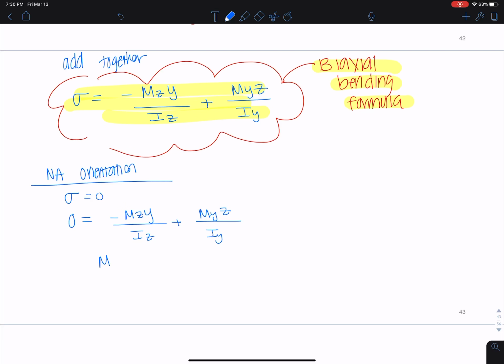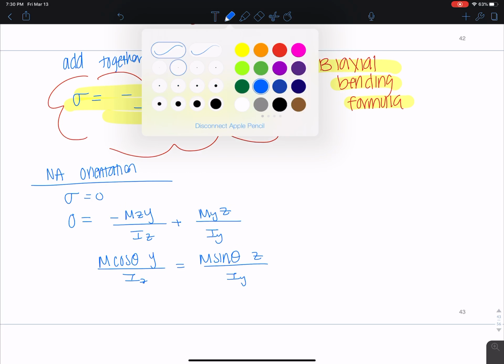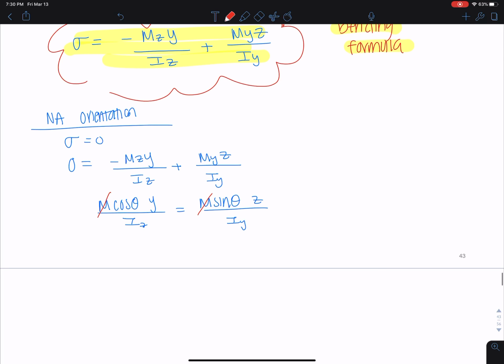We have M cosine theta y, plus, or actually it's negative. We're going to actually set them equal to each other. We'll put one on each side. Equals M sine theta z over Iy Iz. You can see here that the M's cancel out. And if we simplify all this, we get y over z equals sine theta over cos theta times Iz over Iy.